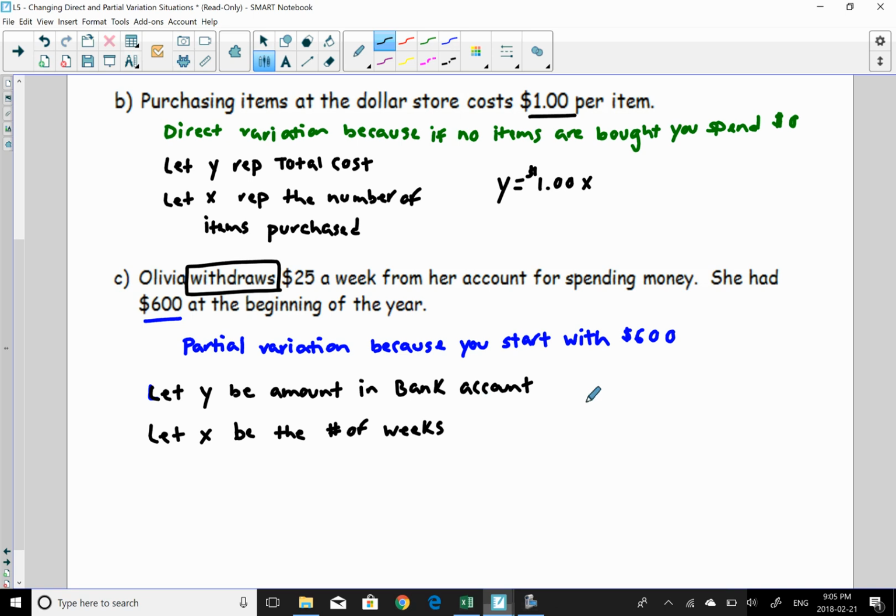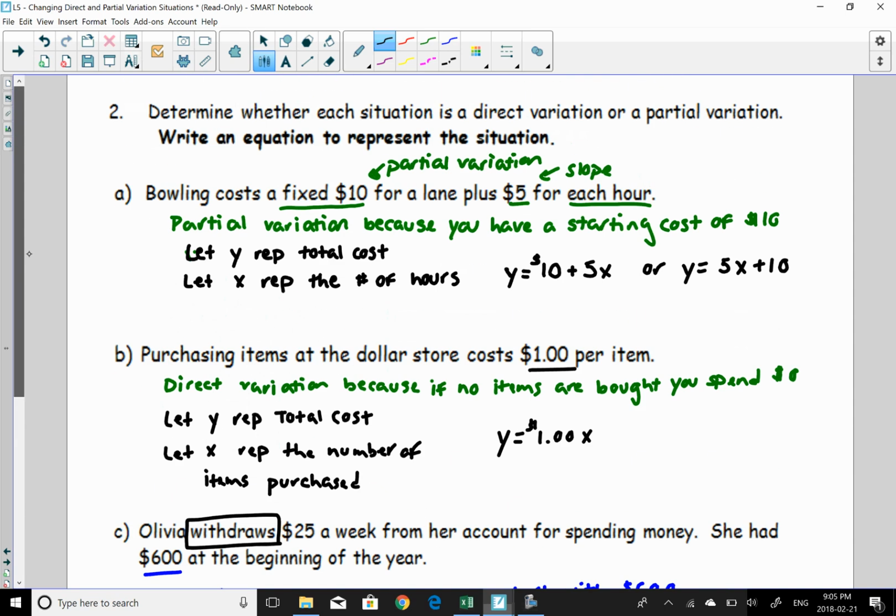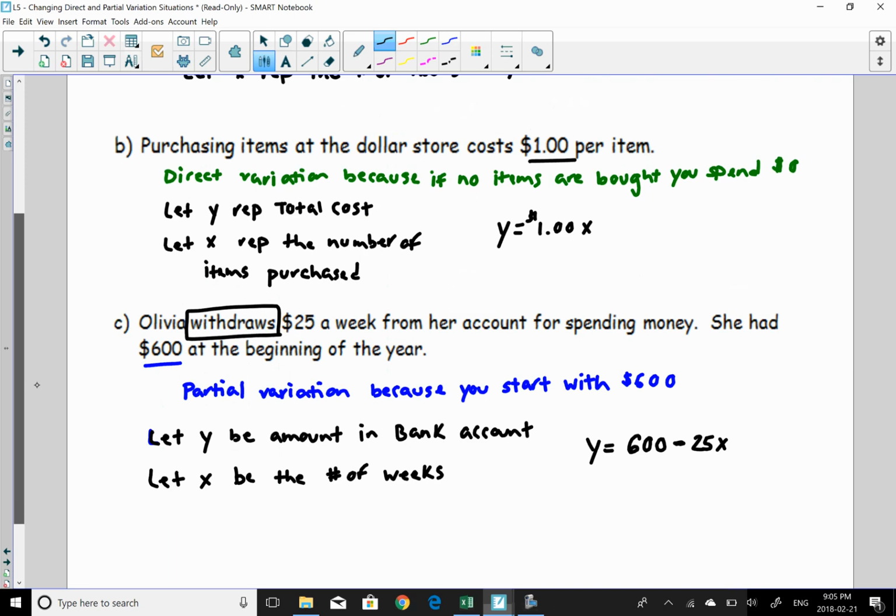So we're going to use an equation, y equals, because that's my dependent, how much is in her account, and that depends on how many weeks go by. So she starts off with 600, and she's taking out, so it's minus $25 times how many weeks. So that's some equations, how do you create them?